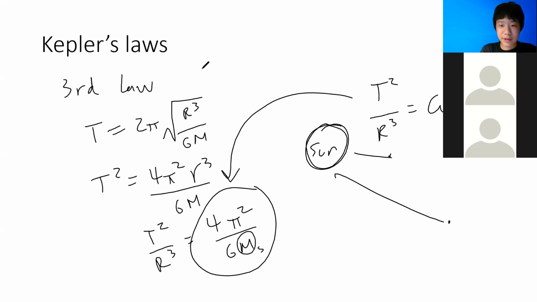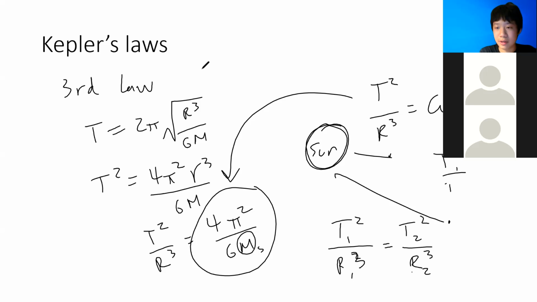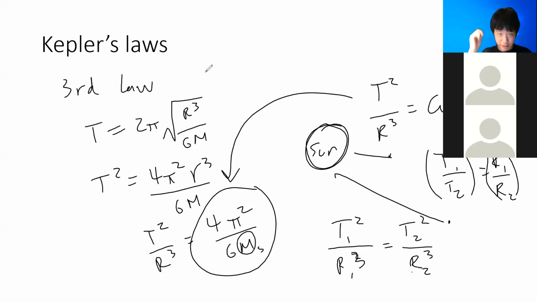And this constant is defined right here, 4 pi squared over GM. Another way to write this is, if we have planet 1, T1 squared over r1 cubed is T2 squared over r2 cubed. If we rewrite this, we get (T1 over T2) squared equals (r1 over r2) cubed. So this is Kepler's third law.